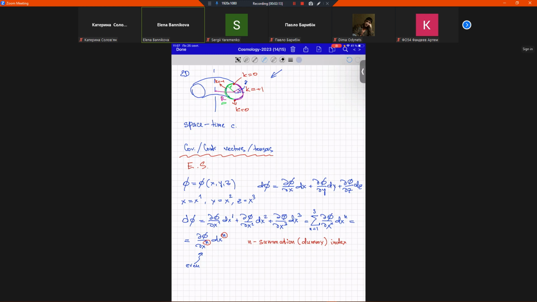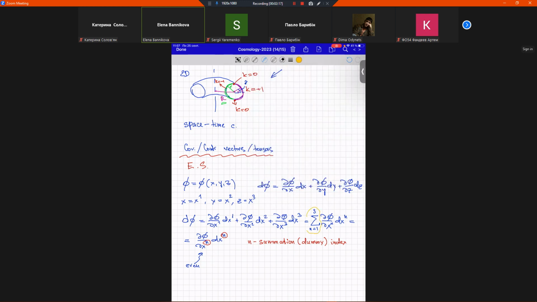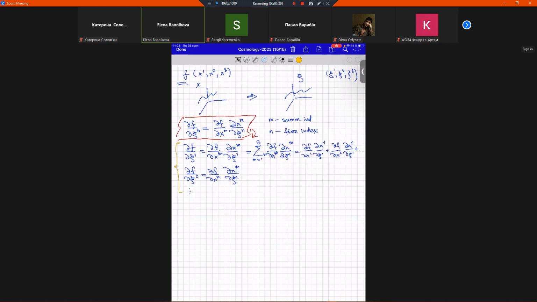So we have this sum. If we meet the index only once, it tells us how many equations we have, as an example here.